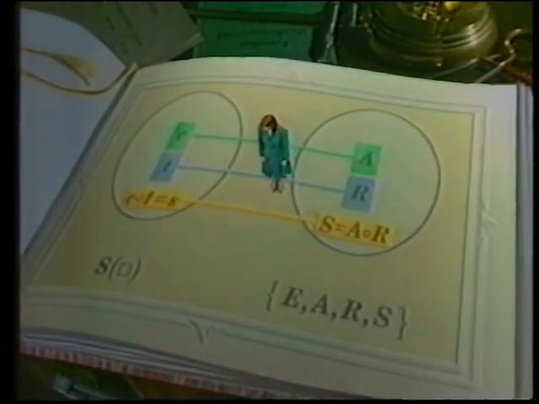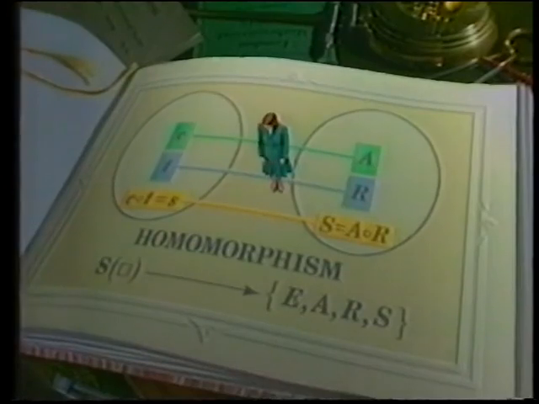And this is true no matter which elements of S square you start with. Such a mapping is called a homomorphism from S square to E, A, R, S.